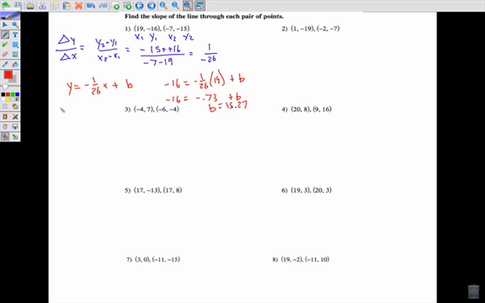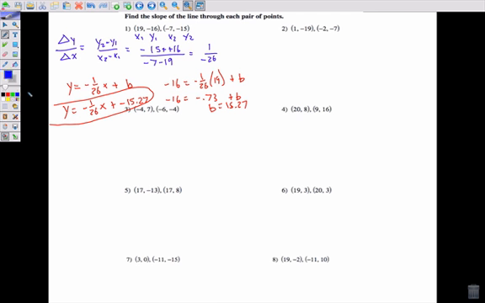Going back to the equation, my final equation is y equals negative 1 over 26x plus negative 15.27. And that's the final equation for this. The hard part is finding the b. On this one, it was especially difficult because we have such a weird slope. Negative 1 over 26 is not a typical slope, so that's what makes that one hard.